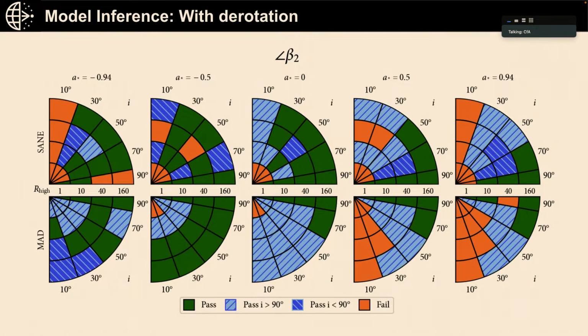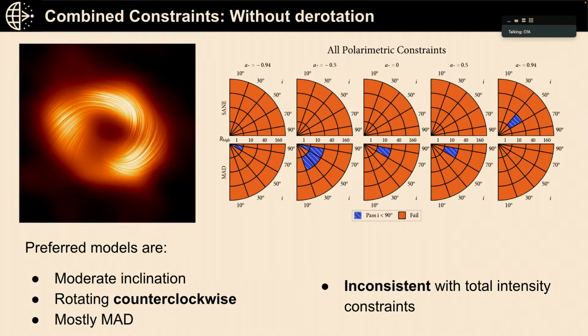Now, we can combine this constraint with the plot I showed you earlier. And again, I'm going to show you two versions, without derotation and with derotation. And just to remind you, here's the corresponding image on the left. So without derotation, the only models that pass are these ones with counterclockwise flows at inclinations less than 90 degrees.